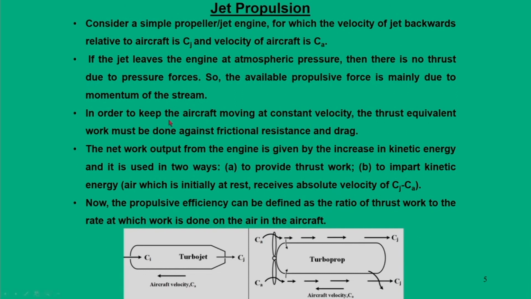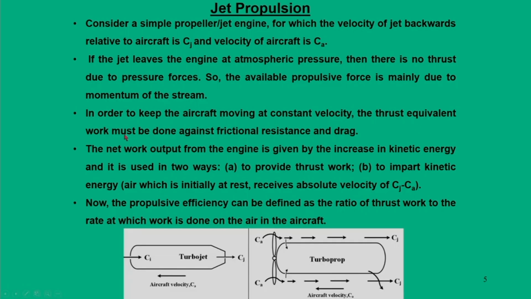In order to keep the aircraft moving at a constant velocity, which is what we call the cruise velocity at high altitude, the thrust equivalent work must be provided to overcome the frictional resistance and drag.